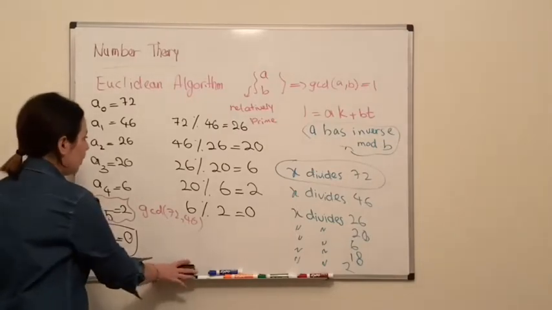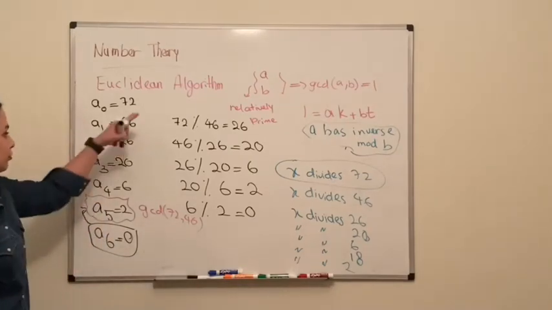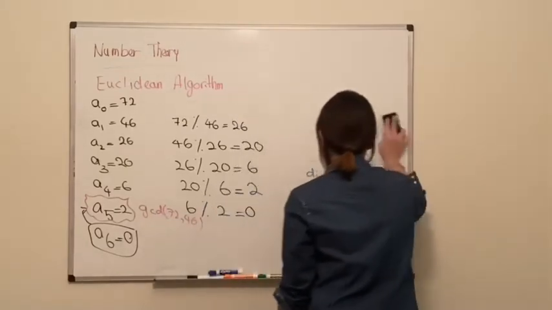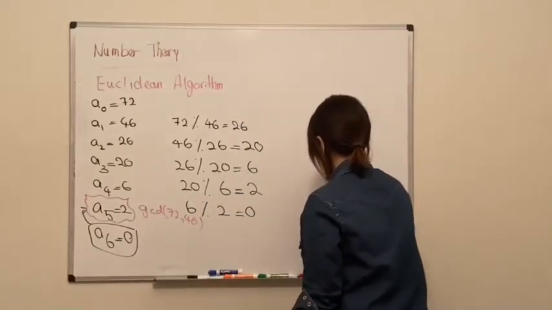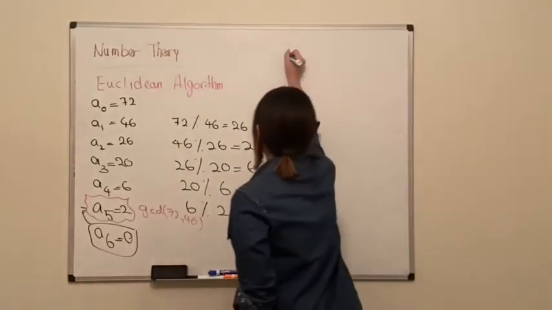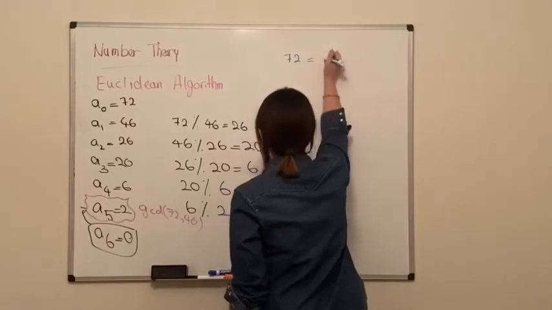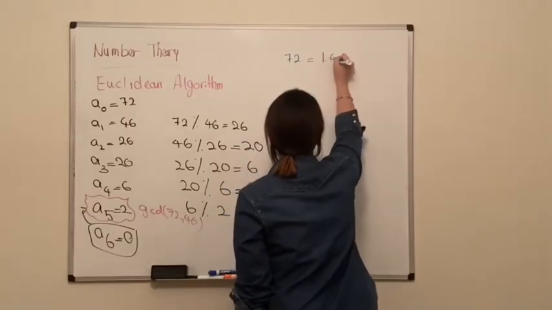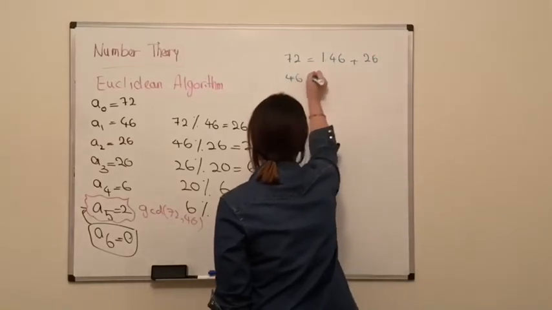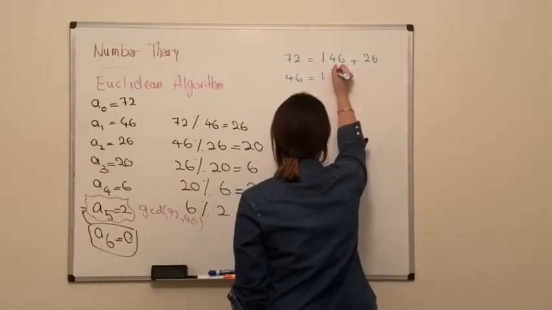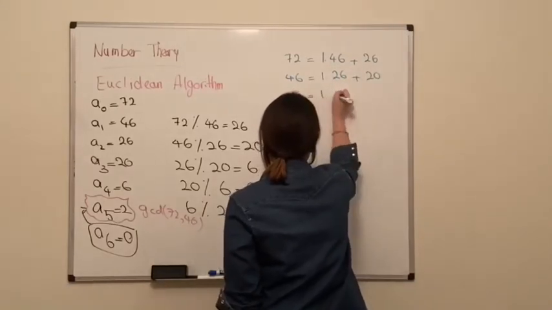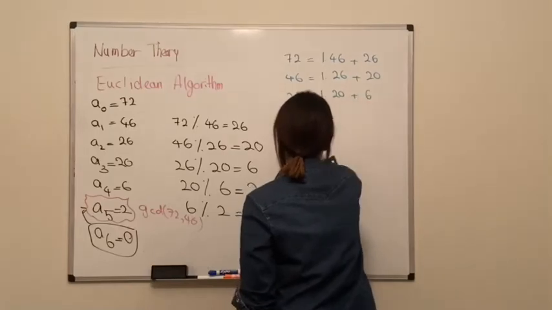Okay, now I want to change the way that I wrote this and write it in this way. I can write 72 as 1 times 46 plus 26. 46 is equal to 1 times 26 plus 20. 26 is 1 times 20 plus 6.